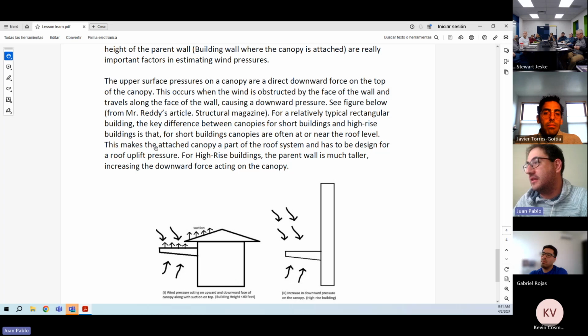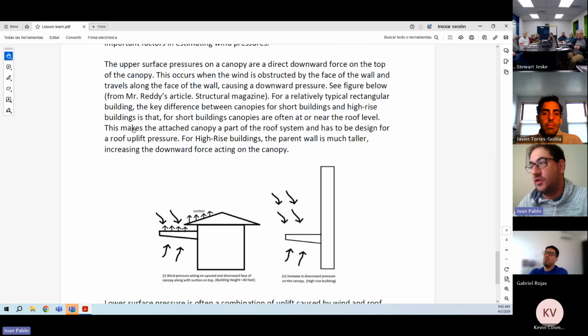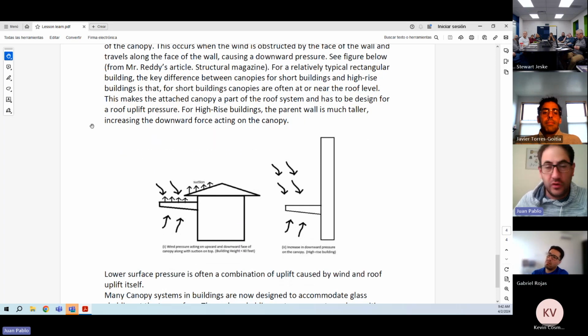This makes the attached canopy a part of the roof system, and it has to be designed for roof uplift. But for high-rise buildings, the parapet and wall are much taller, increasing the downward force acting on the canopy. So imagine that the wind is coming from here, gets to the wall and goes down. This load is a lot higher than the other ones, like this one.